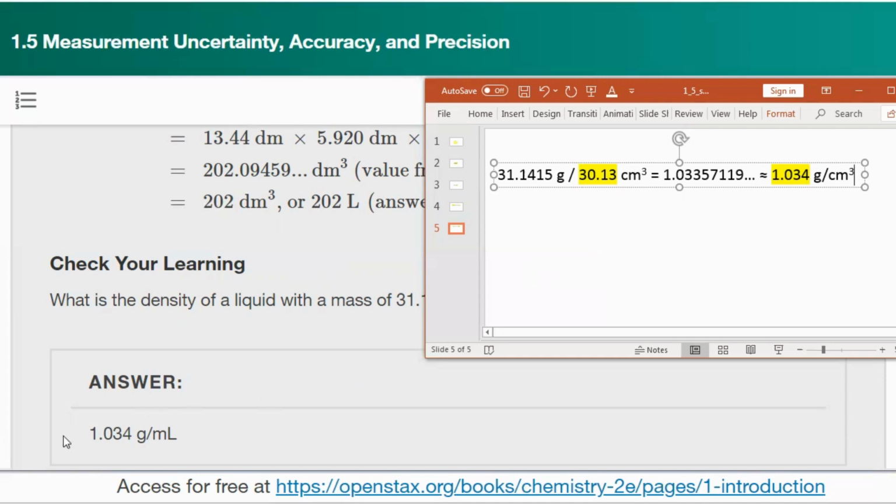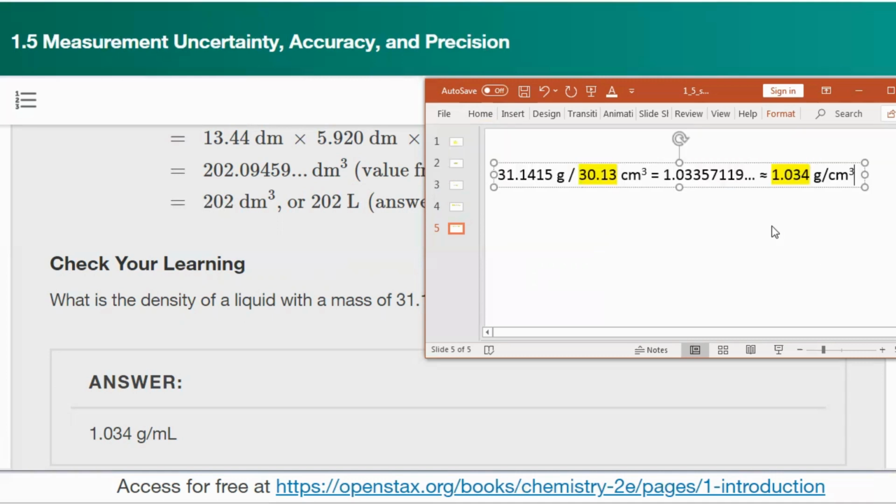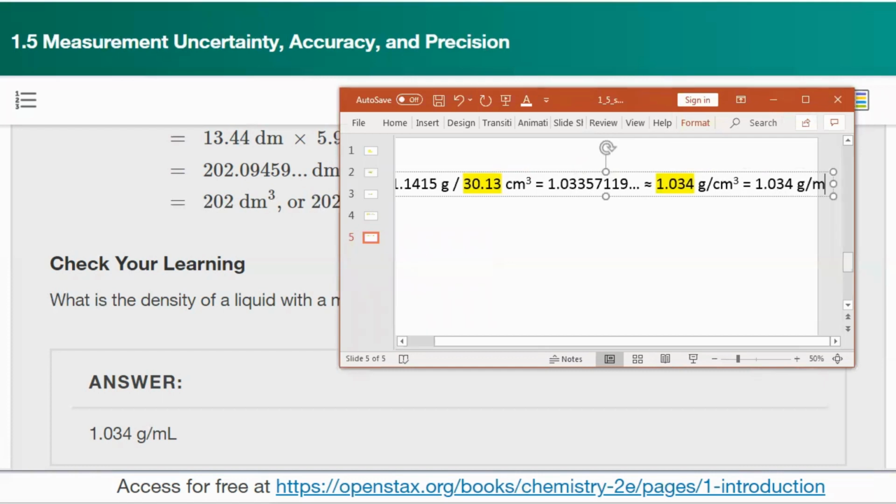Now notice here, the answer is grams per milliliter, but a cubic centimeter is a milliliter. That may have thrown some people off, so I will just do the conversion here. 1.034 grams per milliliter.